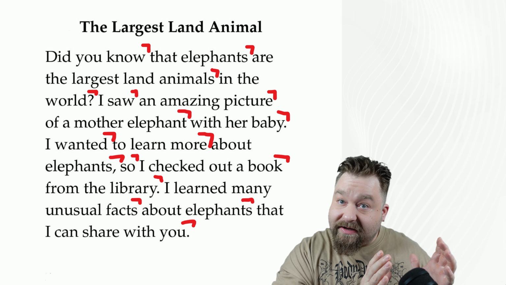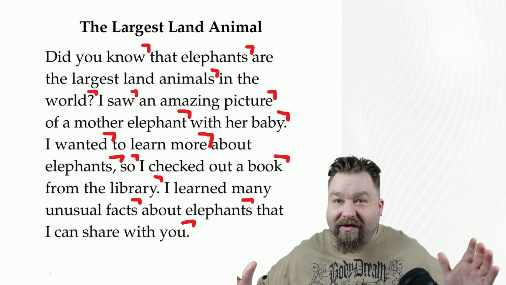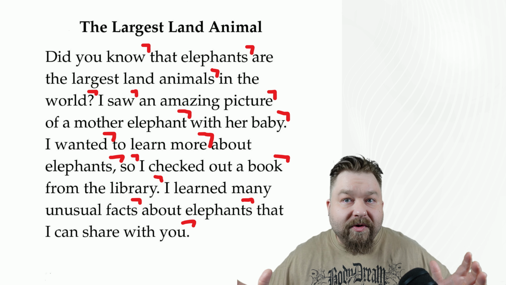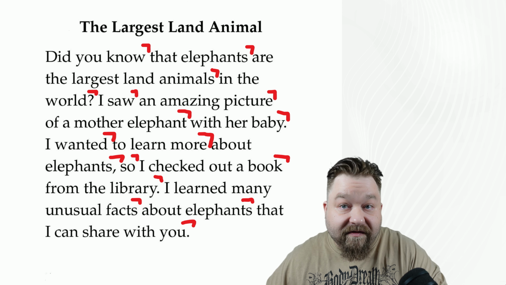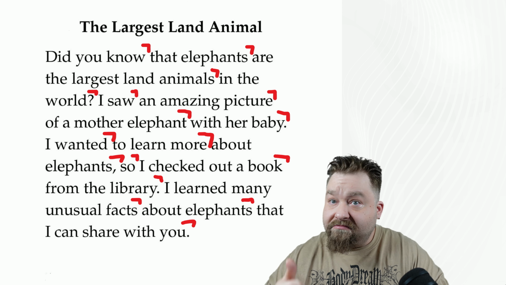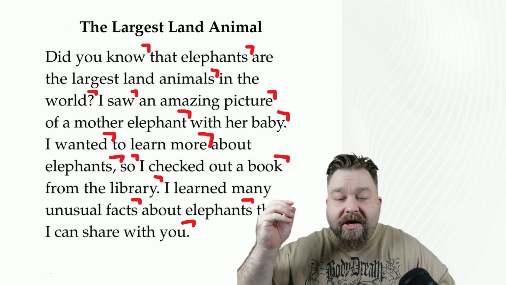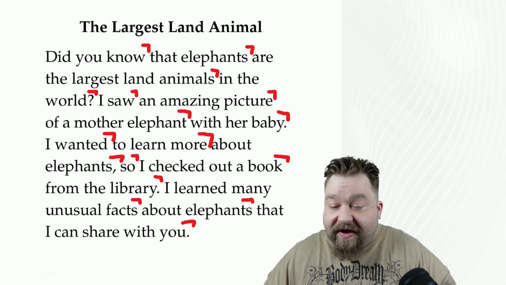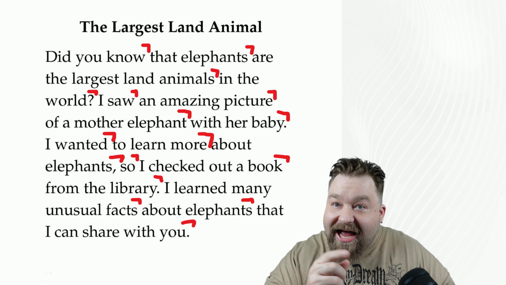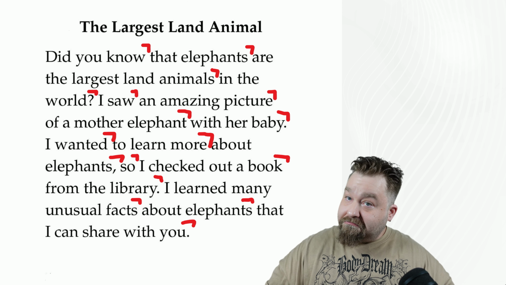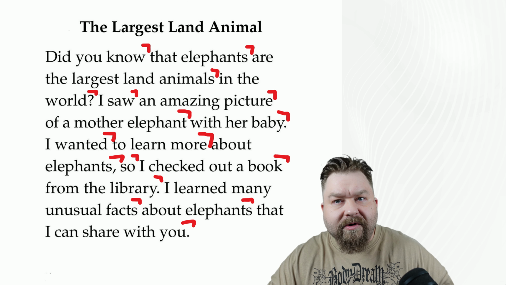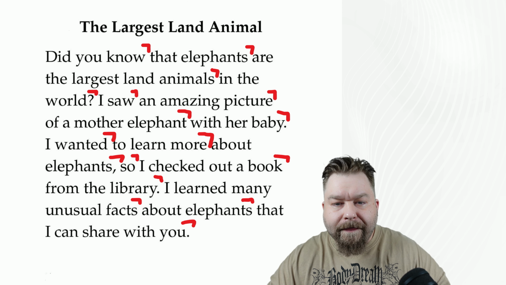We borrowed that time. That's okay. As long as the overall time that we use matches the rest of the flow of what we're saying, it's perfect. I learned many unusual facts about elephants that I can share with you. There weren't any hard words on this one, so let's go to the next page.